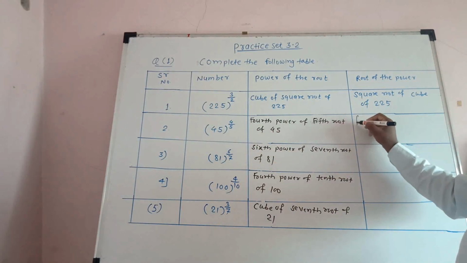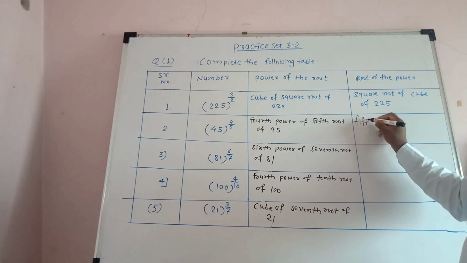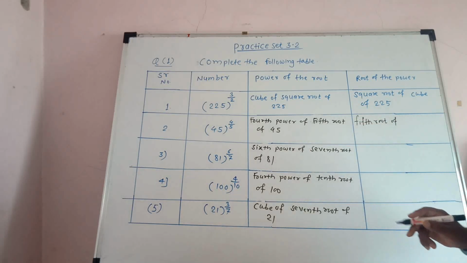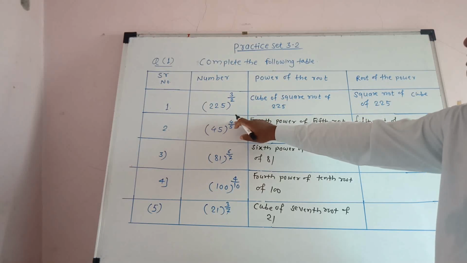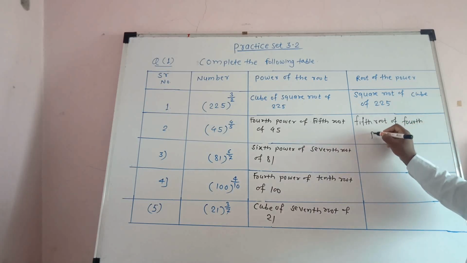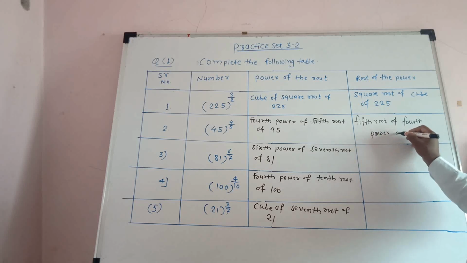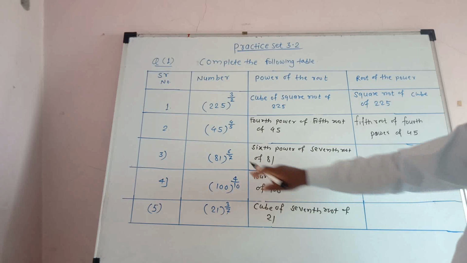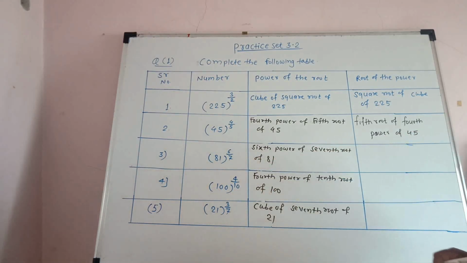So fifth root of, 4 is power. Fourth power of 45. Now 7 is a root.